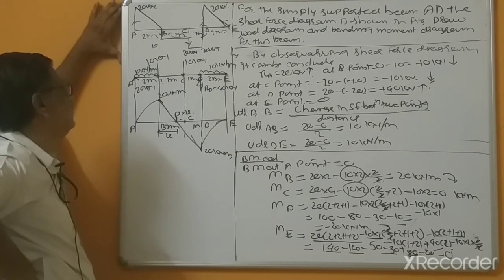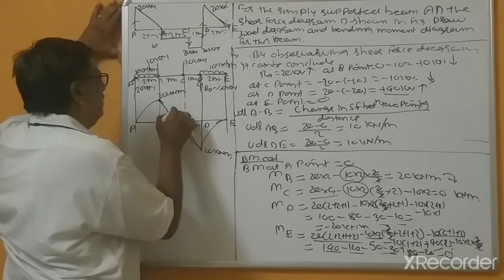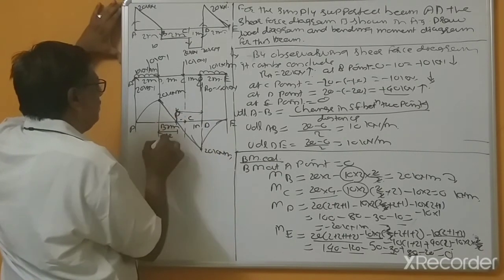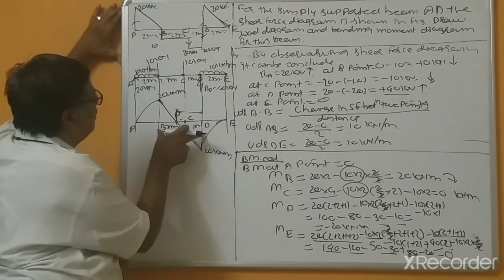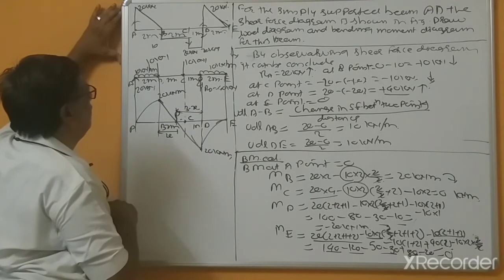Or you can consider this distance, because this is x and total this is 3, so this is 3 minus x.